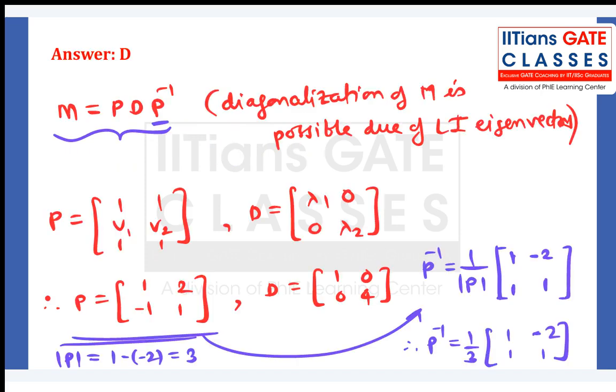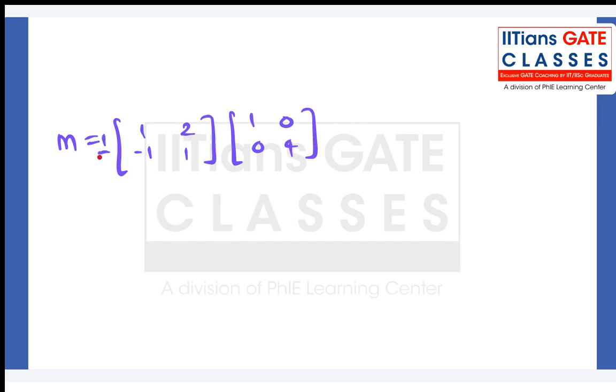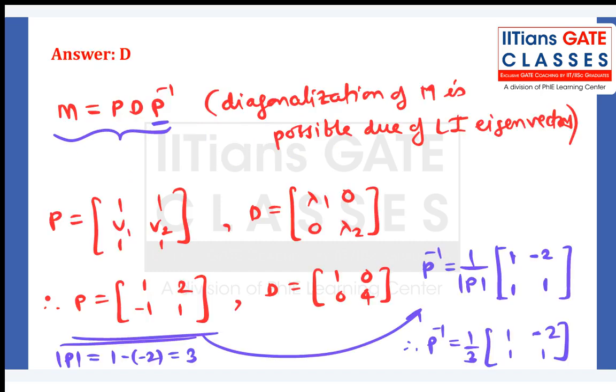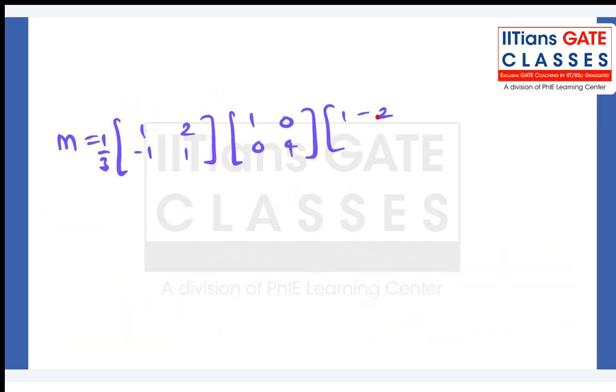I'll just take it outside because we have to do the matrix multiplication, and then you have 1 minus 2 1 1. Start from any end, do any two matrix multiplication, and then do it with the third. So let's multiply the last two. If you do that, you'll get 1 as the first element, then minus 2 as the second element. This will be 4, and this is again 4.